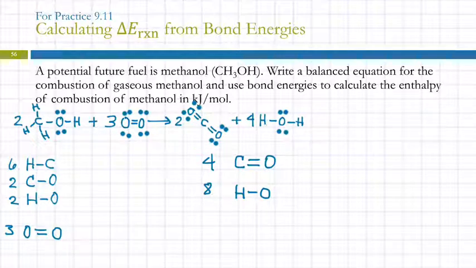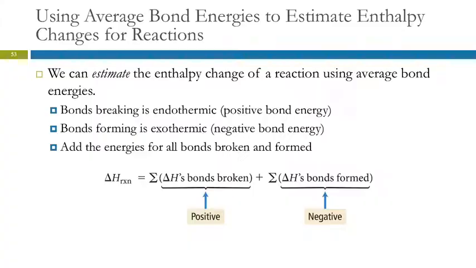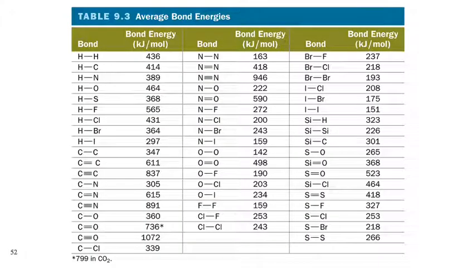Now we have to go look up the bond energies. So we have to go back to this table, and I'm going to use the chalkboard because I can't keep all this in my head. So I'm looking up, there's a hydrogen-carbon single bond. That's 414. We had a carbon-oxygen single bond. That's 360. I remember a carbon-oxygen double bond, down here.